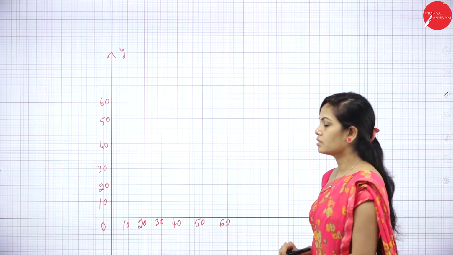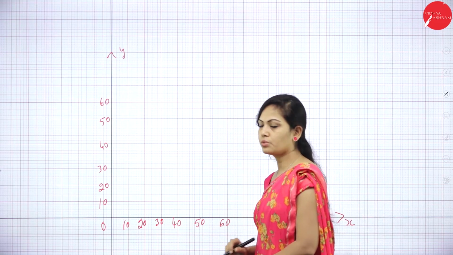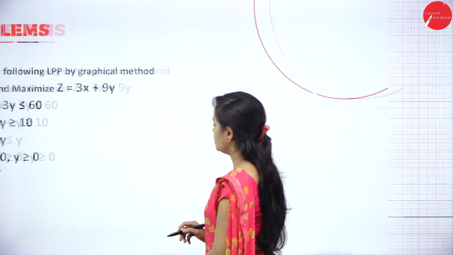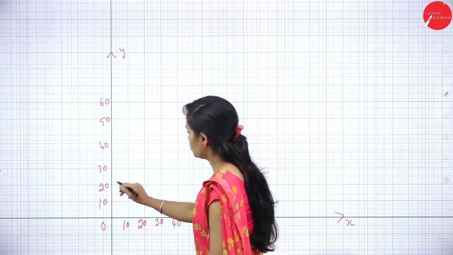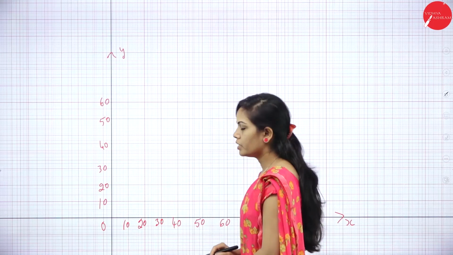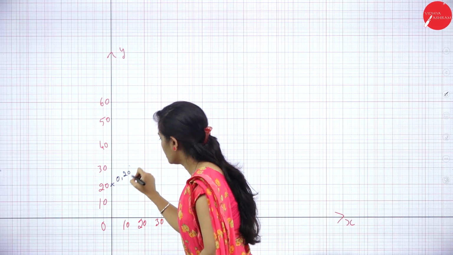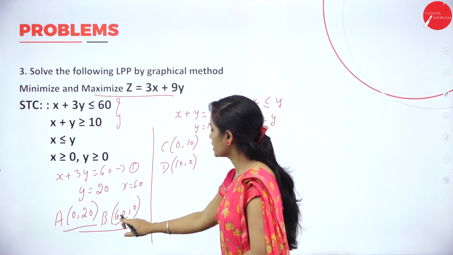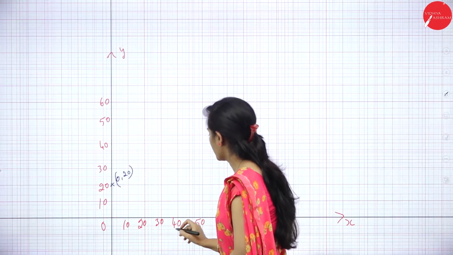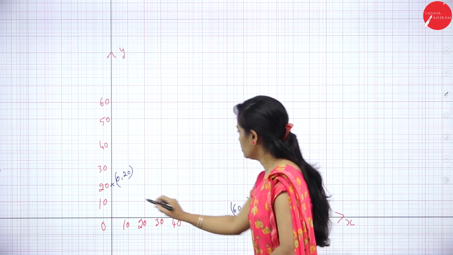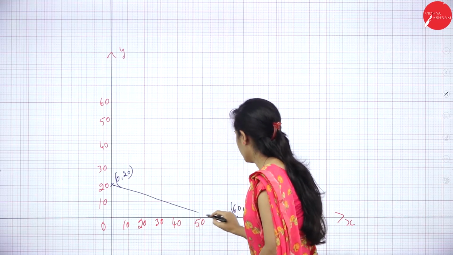So the scale is 1 unit equal to 10 centimeter. The first point is 0, 20. And the second point is 60, 0. You just connect these 2 points now.